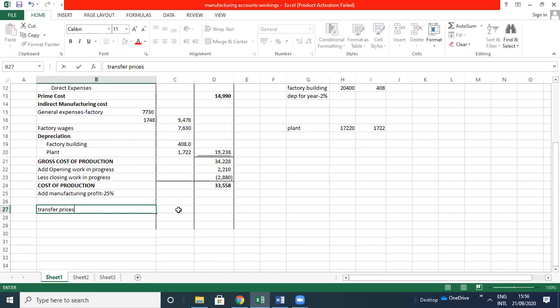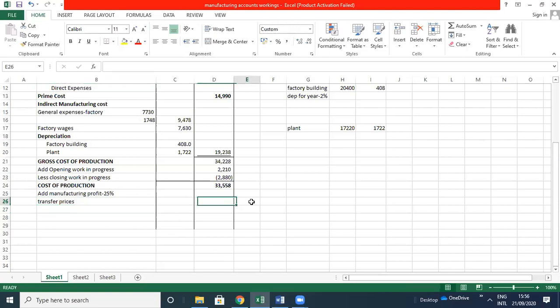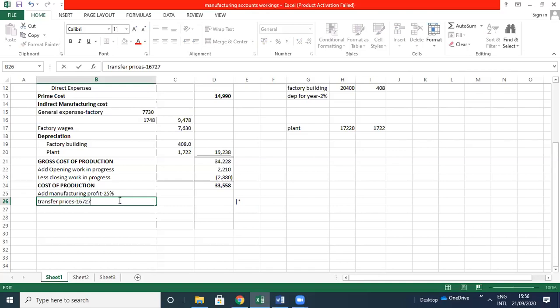The price at the end of it should be up here. The price which we used here. Remember where we had put asterisk. The price at which we transferred our items, we've been told that we had 16,727 handbags that were complete, and they were transferred at a price of 2,400.